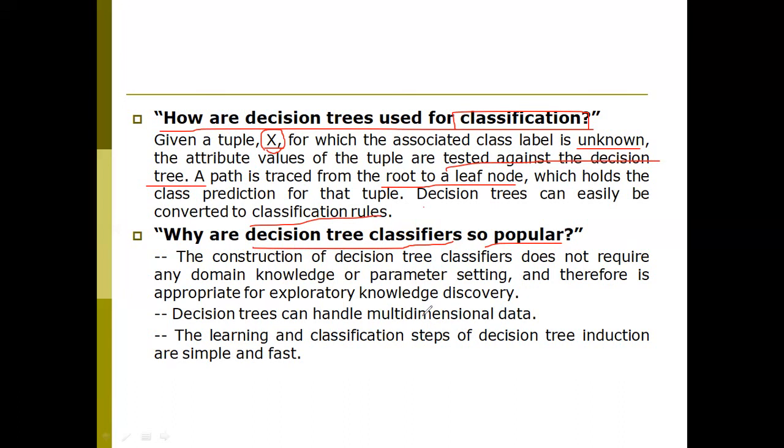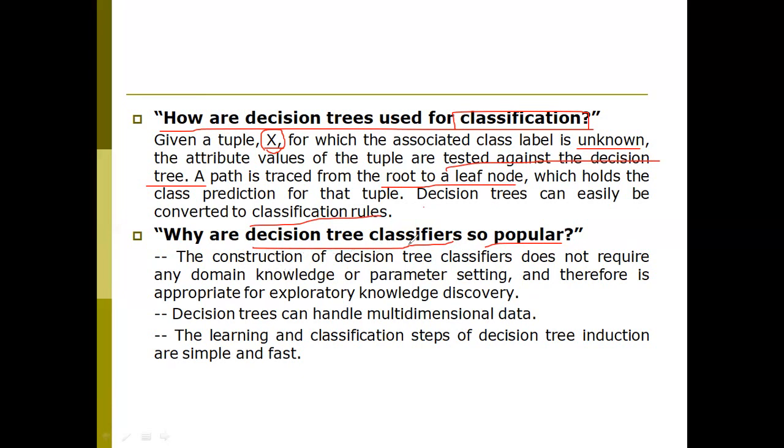The model constructed from the training data set is also called a classifier. The decision tree is one of the models, isn't it? So that's why we call it a decision tree classifier, right?